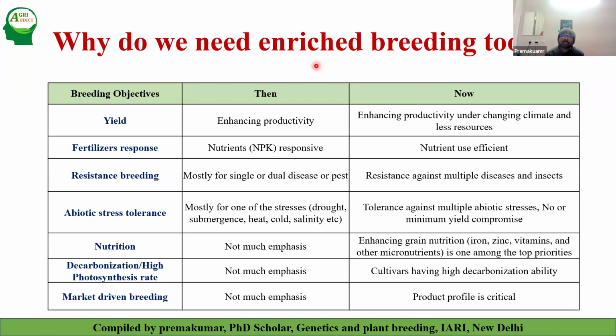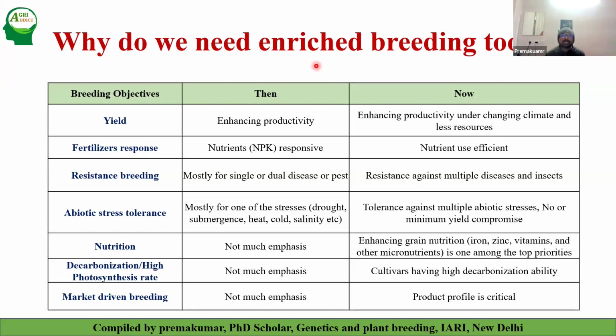Now, to breed for all these, if you use the earlier methods like pedigree breeding, bulk breeding, or other conventional methods, it is like, take the example of a war: some countries' soldiers have only a pistol, and some countries' soldiers have a pistol with AK-47s, grenades and everything. Those who win are normally the soldiers with more weapons and more resources.